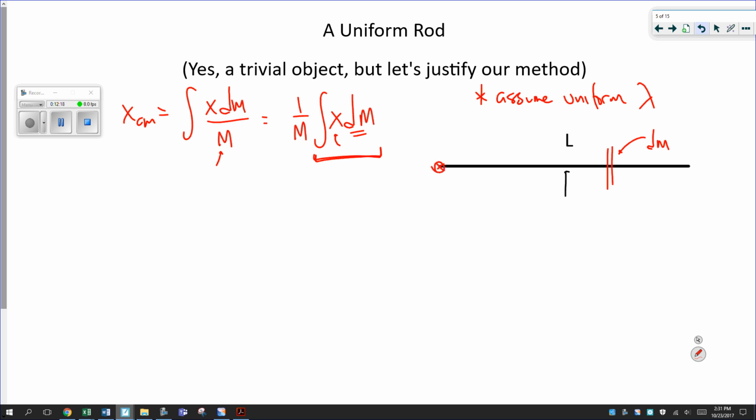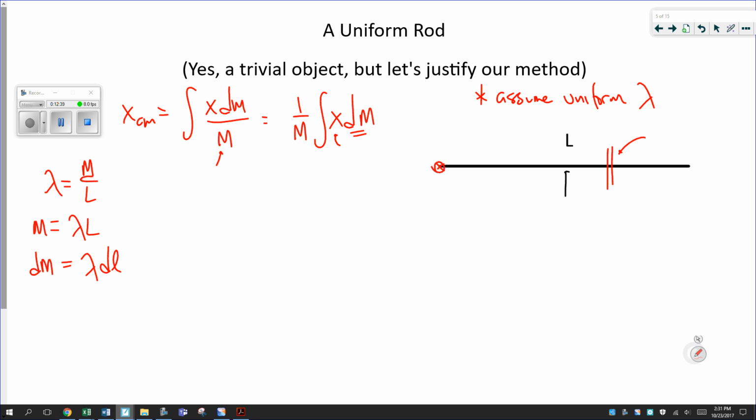So here's that. Remember, we can start here. Our linear mass density is mass per unit length. That means that our mass is lambda L. That means that each individual dm can be written as lambda dl.